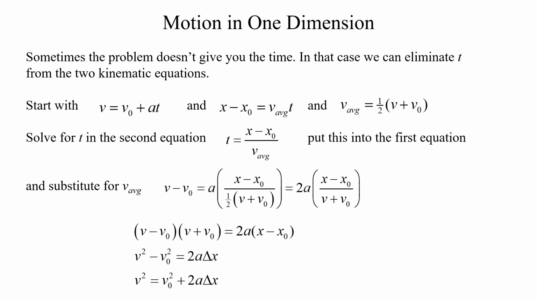So you may have to do an extra step, but that's all. You can still solve all the 1D motion problems with the two original kinematic equations, position as a function of time and velocity as a function of time. This third equation here, v squared equals v naught squared plus 2a delta x, is just another equation that we can use that will eliminate an extra step in problems where we're not given the time.